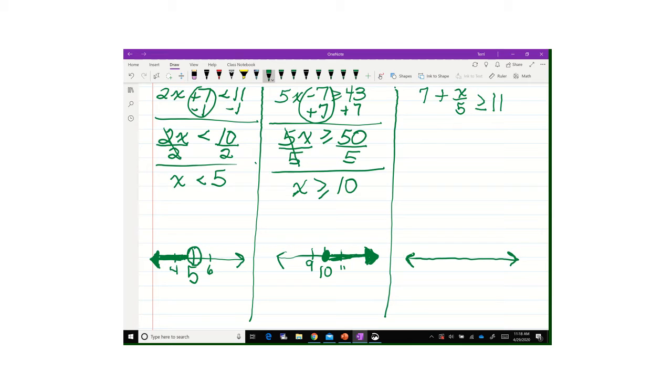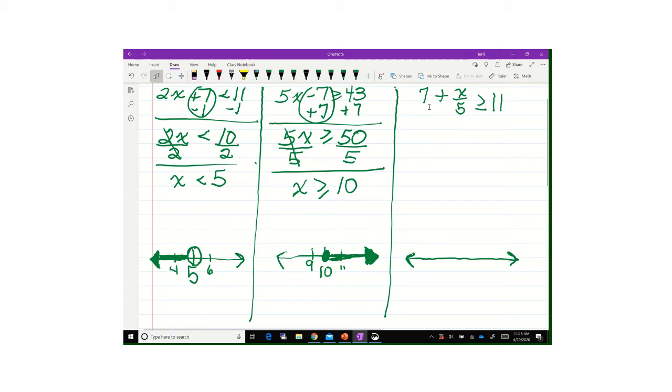All right. If we look at the last problem that I have on this page, it says 7 plus x divided by 5 is greater than or equal to 11. First of all, I need to look and see this is a positive 7. And so I need to get rid of that before I can do anything here, even though there's an addition sign.